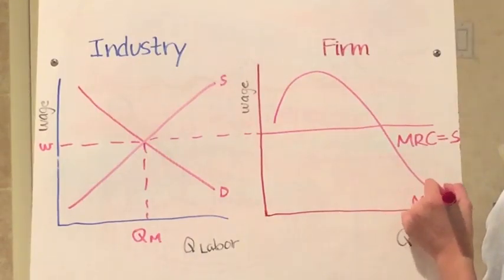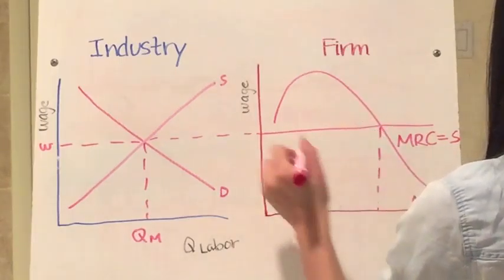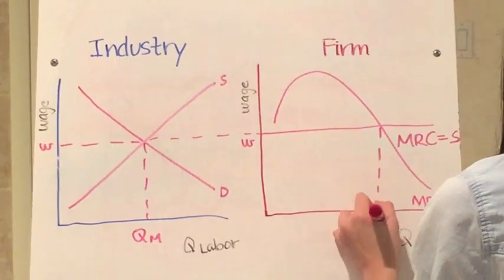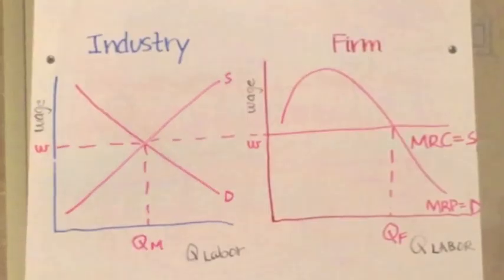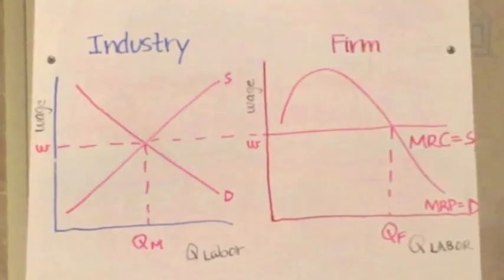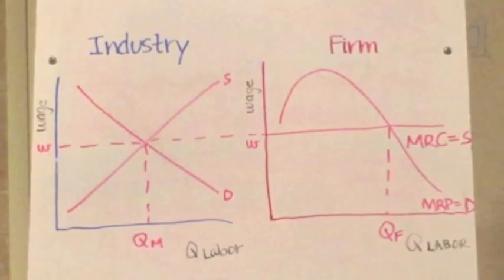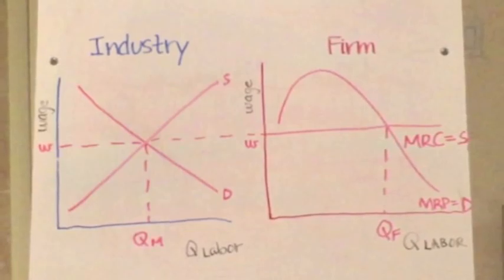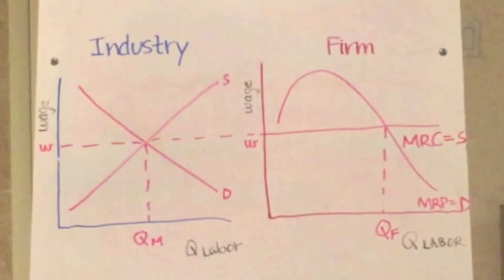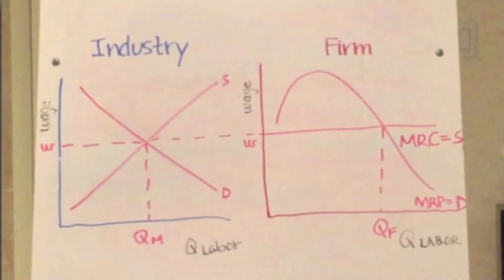At this graph's profit maximizing point, which is when MRC equals MRP, the microeconomic version of supply equals demand, the equilibrium wage is still W, or the equilibrium wage found in the left-hand graph, and the equilibrium quantity is QF. In addition, the demand curve for a resource is downward sloping because the marginal physical product, MPP, of additional inputs of a resource will decrease as a result of the law of diminishing marginal returns.